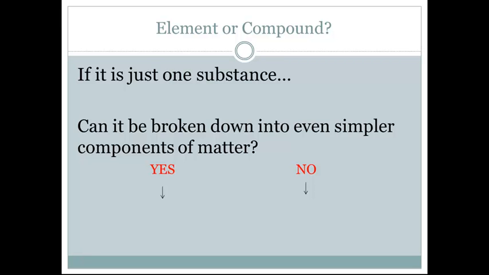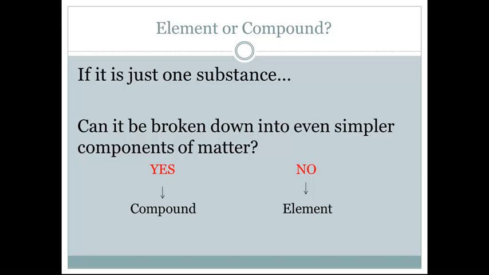So if that one substance, that pure substance, can be broken down into even simpler components, then it's a compound like H2O. But if it's already completely broken down, let's say it's neon, like what you find in neon light bulbs, the long cylindrical tubes. Let's say it's all neon, or let's say it's all helium, like in a helium balloon. And so if it's already broken down to the smallest atom it can be broken down to, then it's an element.